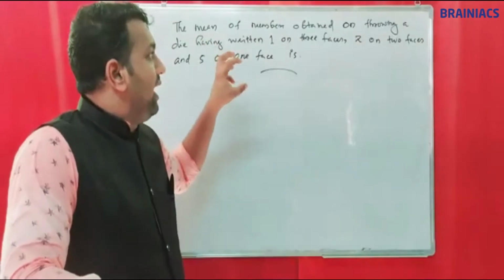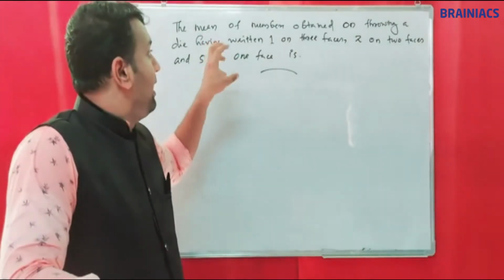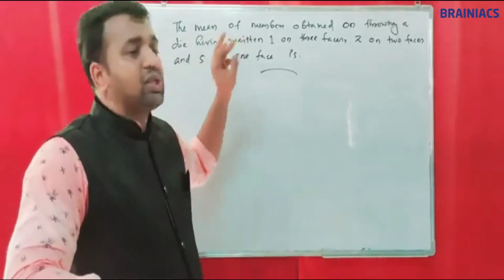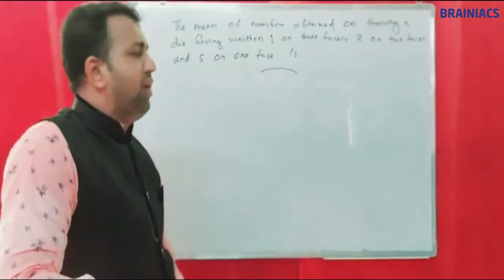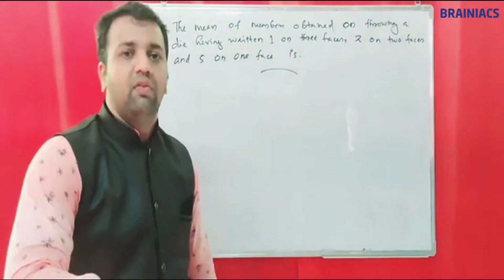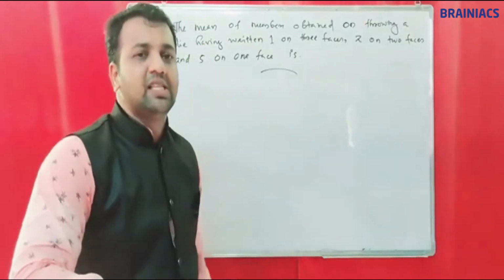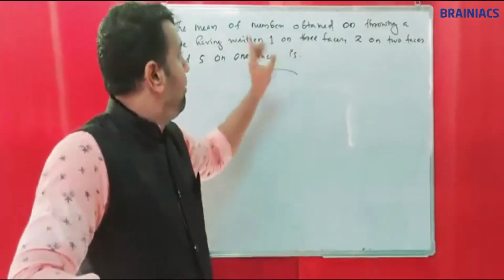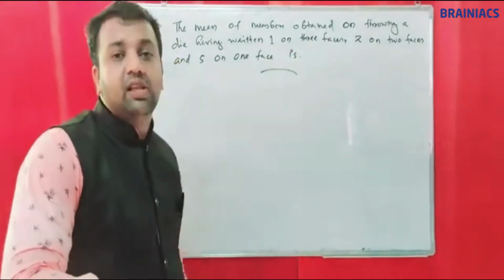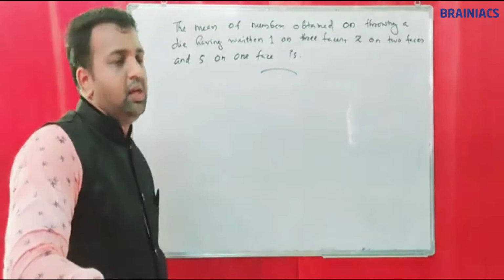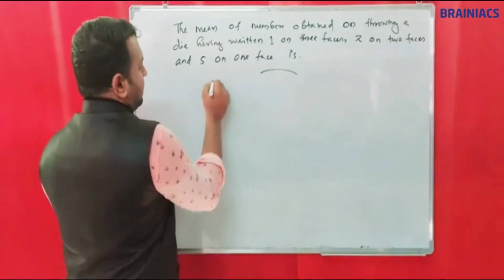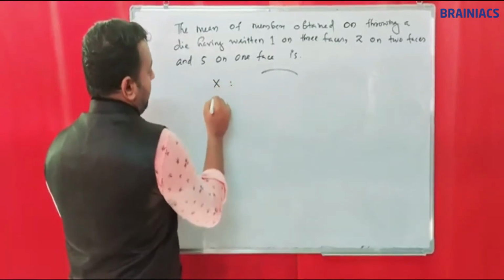So this special die carries only 3 numbers: 1, 2 and 5. Okay, so we can write x and p of x from this information.